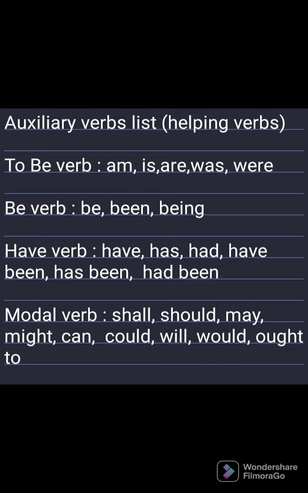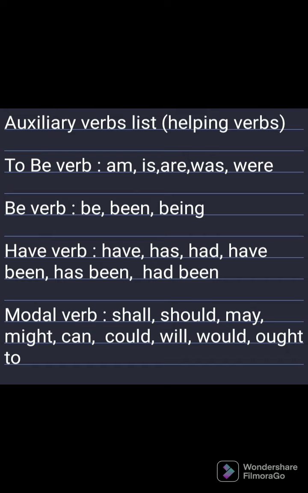Auxiliary verbs. These are also called helping verbs. So we are telling some verbs. All of these are called auxiliary verbs or helping verbs. At first, to be verb. To be verb is that am, is, are, was, were. These are auxiliary verbs. Be verb. Be, been, being. They are also called auxiliary verbs or helping verbs.